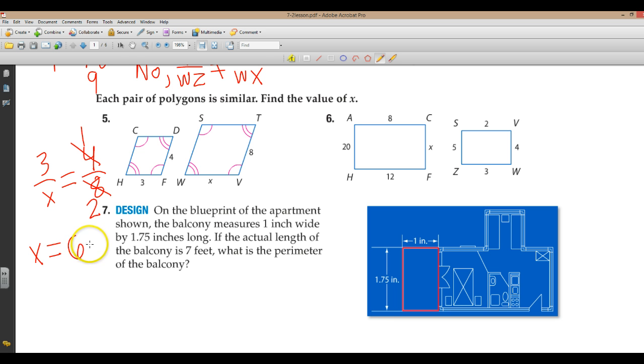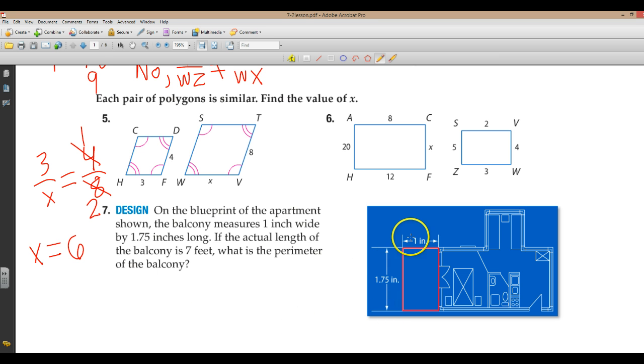Number 7, on the blueprint of the apartment shown, the balcony measures 1 inch wide by 1.75 inches long. If the actual length of the balcony is 7 feet, what is the perimeter of the balcony? Well, in this section, we have a theorem that states that the ratio of perimeters will be the same as the scale factor.